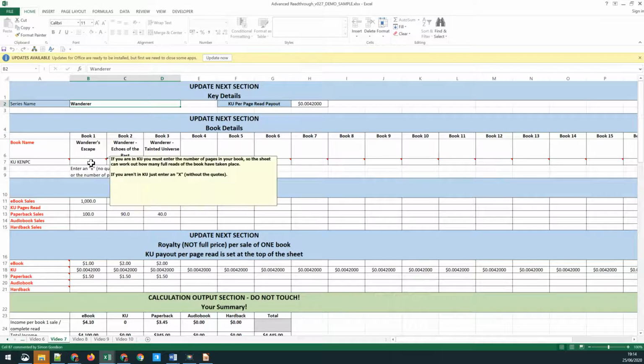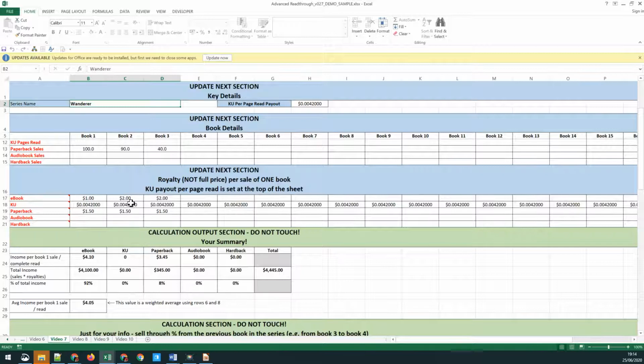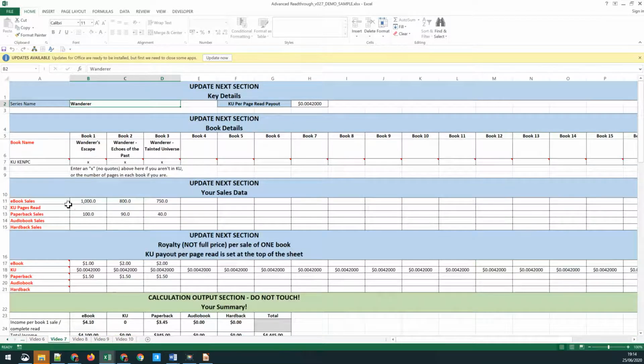Number of pages in the KU book, which you only need if you have KU pages read, and then how many sales of each format, so how many ebook sales, how many paperback sales, and down here we enter what we get for each sale of the book. So this is the royalties we earn, not what the sale price is, but what we actually get back out of it. And you can see I've used some very simple numbers here.